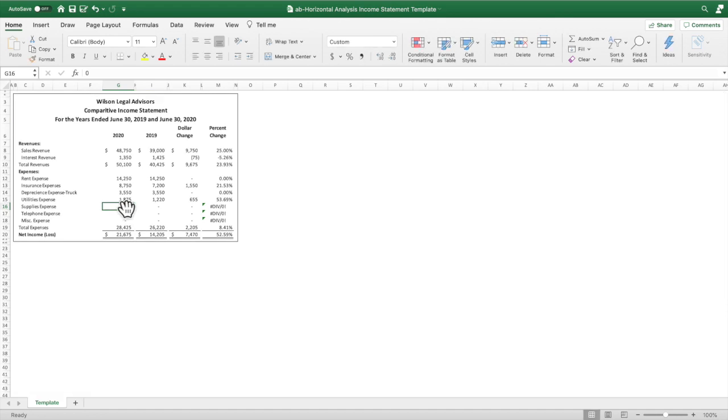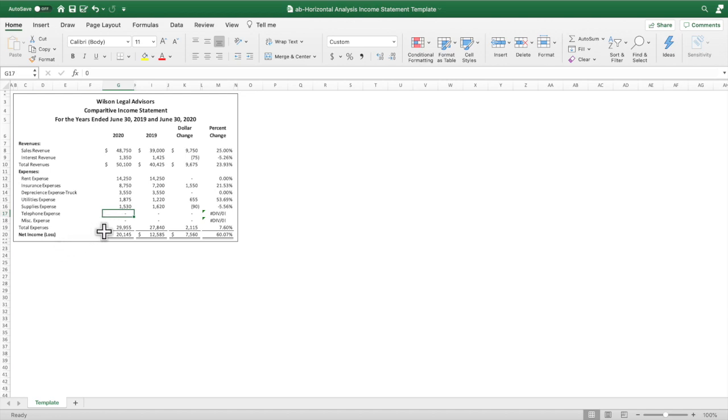Our supplies expense was $1,530 in 2020. In 2019, it was $1,620. So we have a negative 5.56% there.